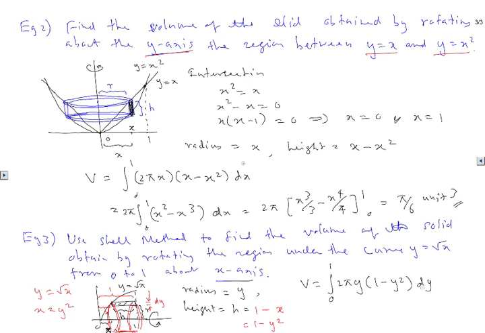You can take 2 pi out, and then integrate from 0 to 1 of y squared minus y cubed. We did a similar integral before, and after you finish the integral, you end up getting pi over 2. So the volume is pi over 2.